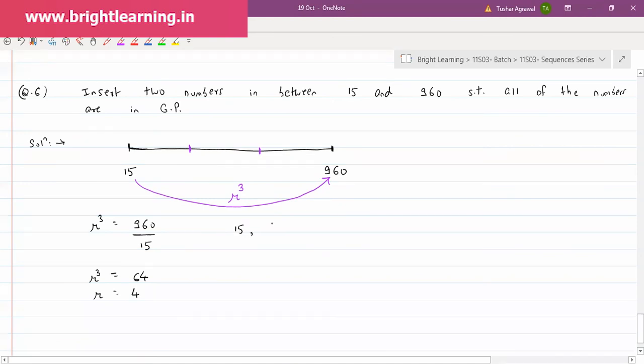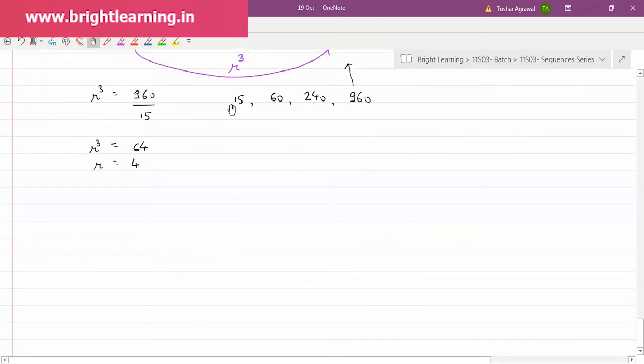The next term is 15 multiplied by 4, which is 60. The next term is 60 multiplied by 4, which turns out to be 240. The next term is 240 multiplied by 4, which is 960. Yes, sir, it matches with the final destination. So we are correct. Okay. Similar lines, new question.